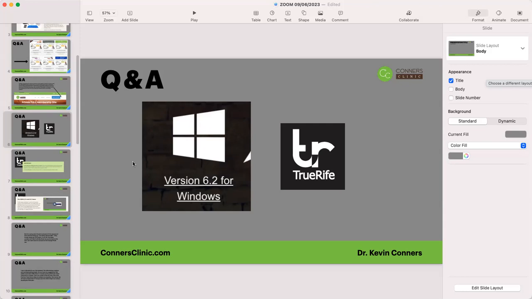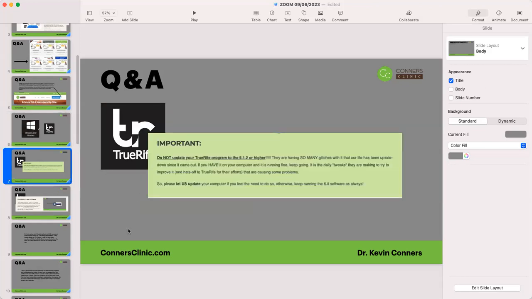Now, I have some warnings on our member site, on the Rife resources page on the members homepage, and on the frequency site. You could go and download 6.2, and if you do, it's going to wipe out your programs, just so you know.